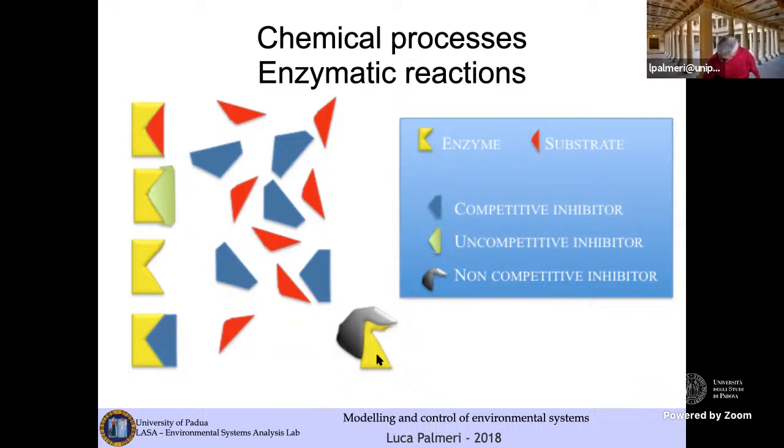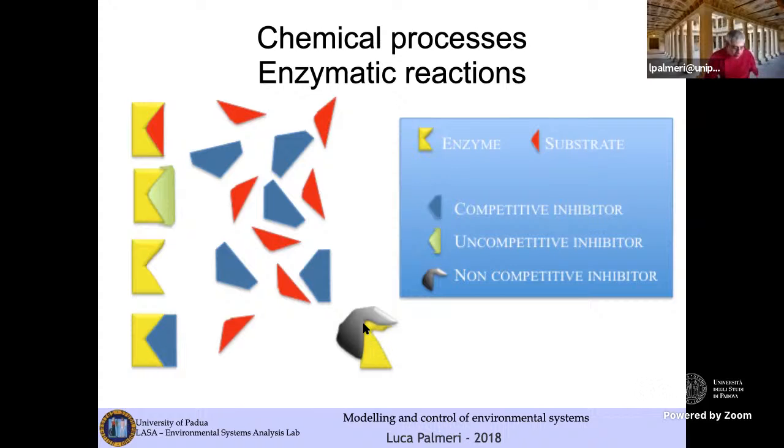This is typically what happens when you use chemicals that are used, for example, for cancer control, like we call chemotherapics. Chemotherapics are chemicals that permanently destroy and take away from the body the enzyme.